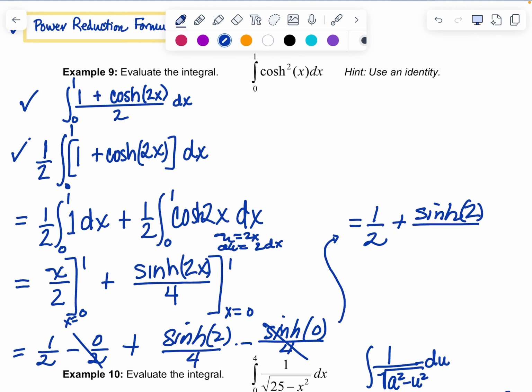Sinh of 2 over 4, right? Okay, just need to look at that for just a second. Maybe I'll come back to this in terms of how it turned out.